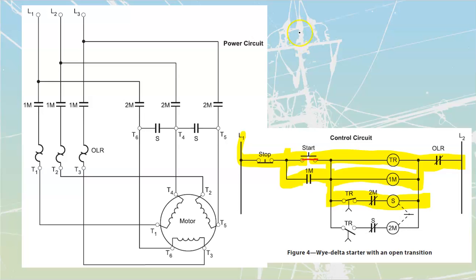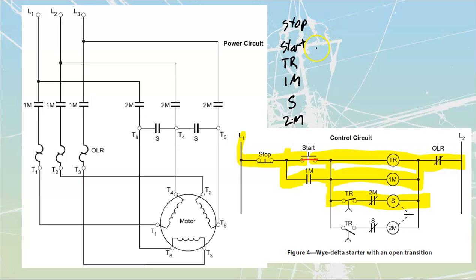So at the very instant of startup, we'll do stop, start, and then I'm going to have TR, 1M, S, and 2M. That's 2M that we are going to have.